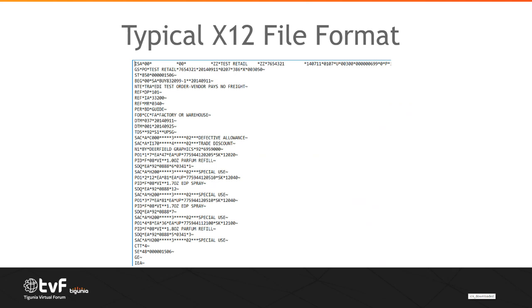So what does a typical EDI file look like? There are different file formats. I'm going to show you today what the X12 format looks like. Well, if anyone's ever seen an EDI file before, they wouldn't be able to read this.